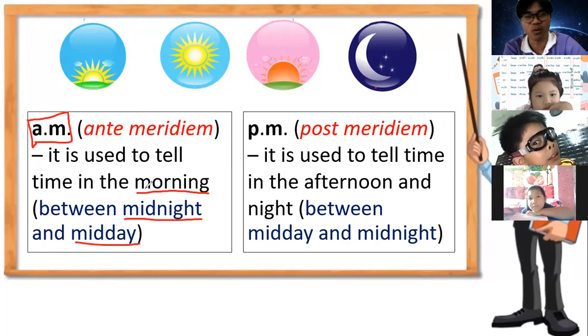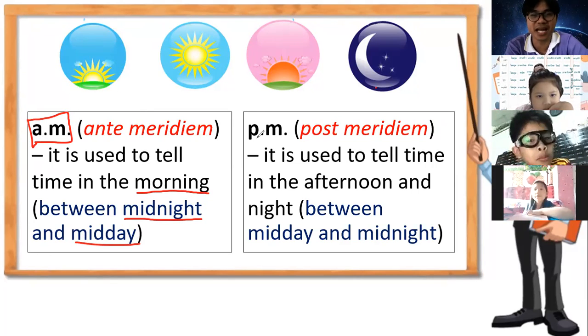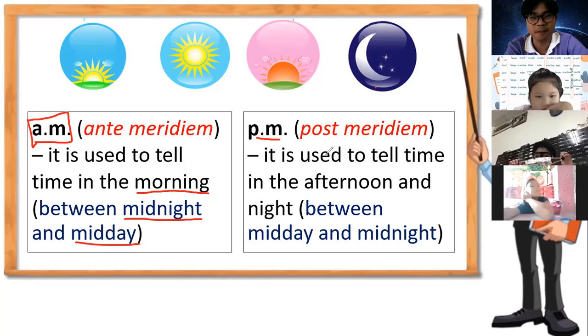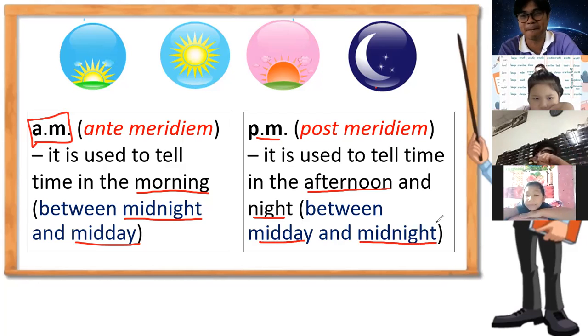PM, post meridian, is used to tell time in the afternoon and night, evening, between midday and midnight. So that is PM.